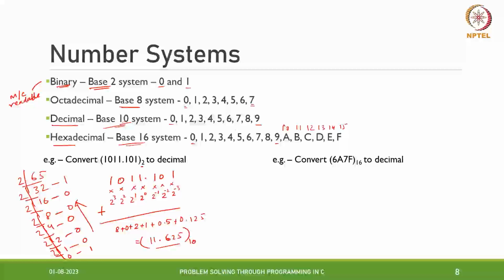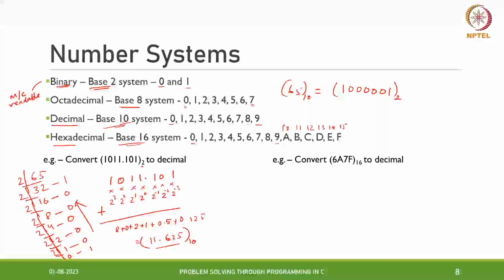So 65 in decimal system would be 1 0 0 0 0 0. So 5 zeros, yes, and then 1, and this would be the binary equivalent for this particular decimal number.